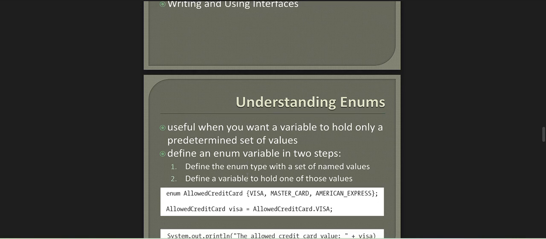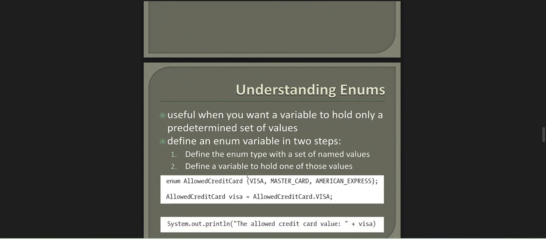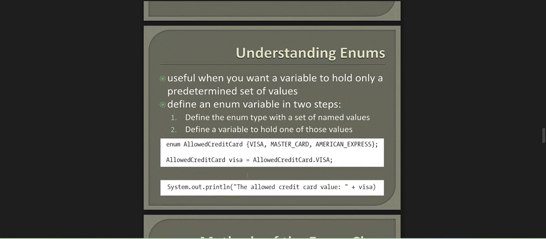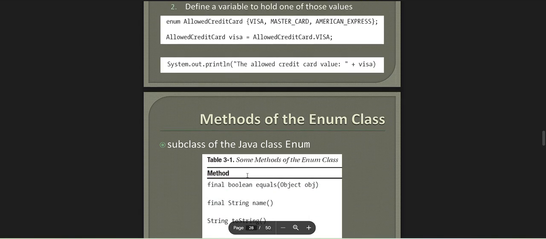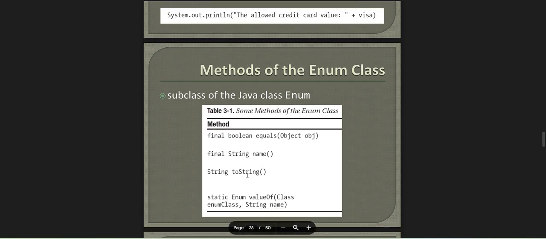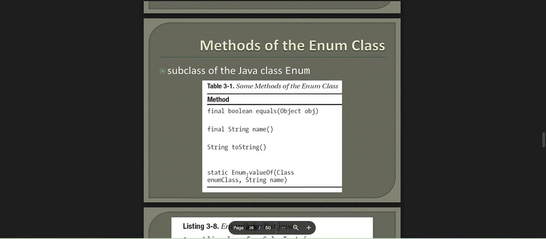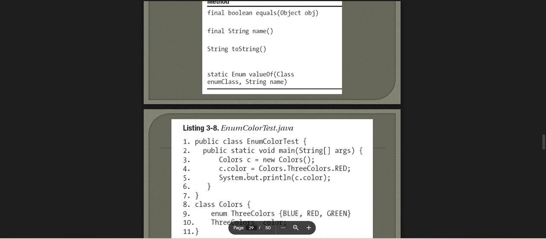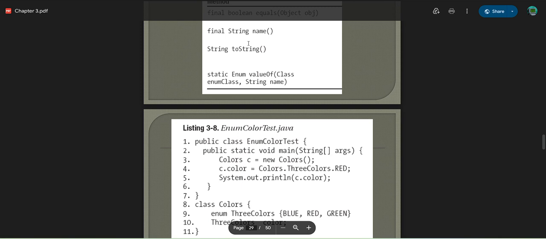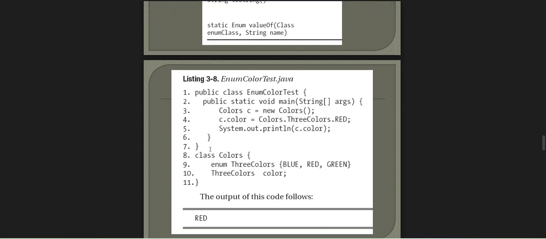Enum CreditCard: VISA, MASTERCARD, AMERICAN_EXPRESS. CreditCard visa; System.out.println(visa.name()) prints VISA. Methods for the enum class, a subclass of java.lang.Enum: final boolean equals(Object), final String name(), String toString(), static valueOf(Class enumClass, String name). Public class Study: System.out.println the color; enum Color { BLUE, RED, GREEN }. The output of the color.